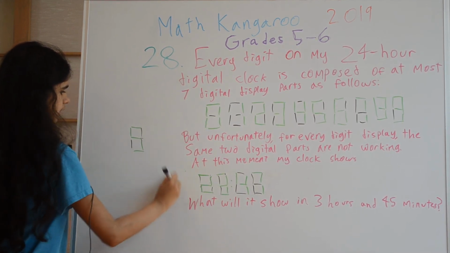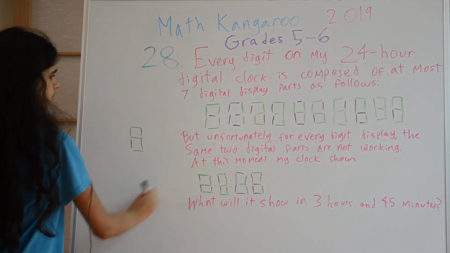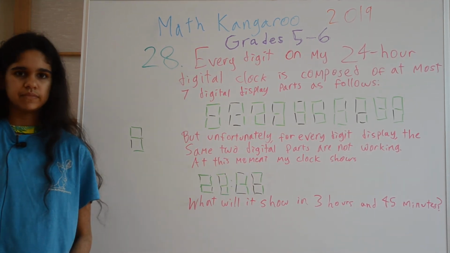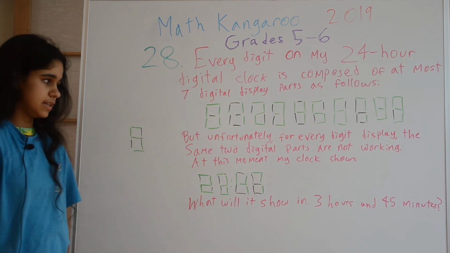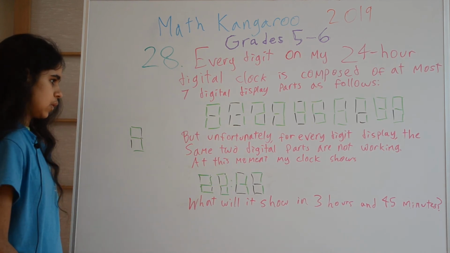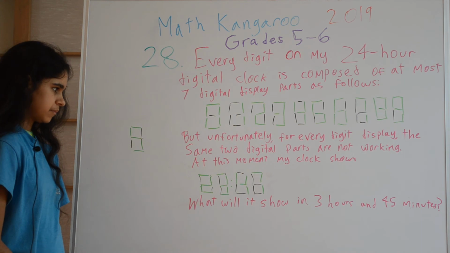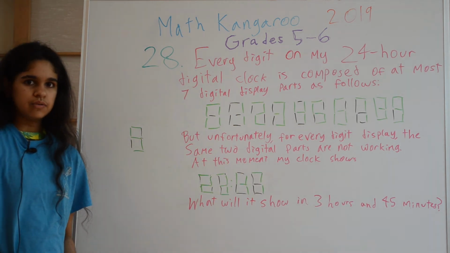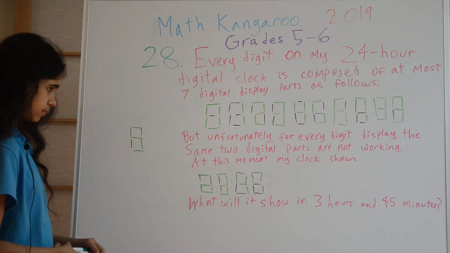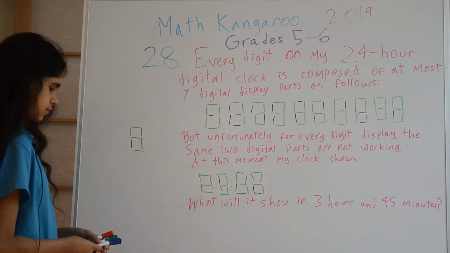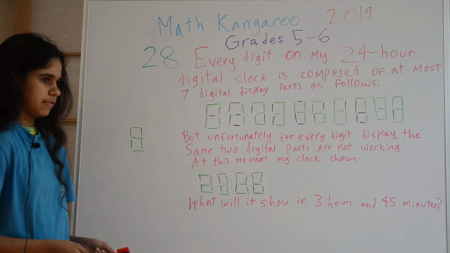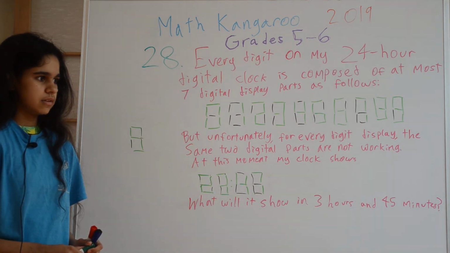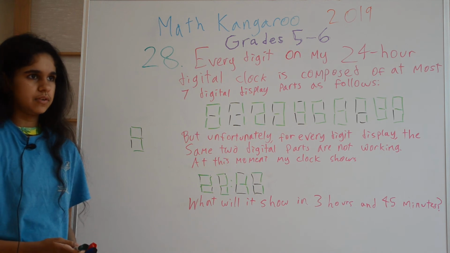And so now what we need to do is add 3 hours and 45 minutes to the time 23:47. So 3 hours after 23:47, it will be 2:47, and then 45 minutes after that, it will be 3:32.